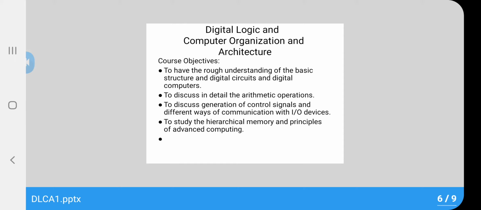Second, to learn how to perform arithmetic operations on numbering systems. Third objective is to learn generation of control signals and different ways of communication with IO devices. Whereas the fourth one is to study the hierarchical memory and principles of advanced computing.